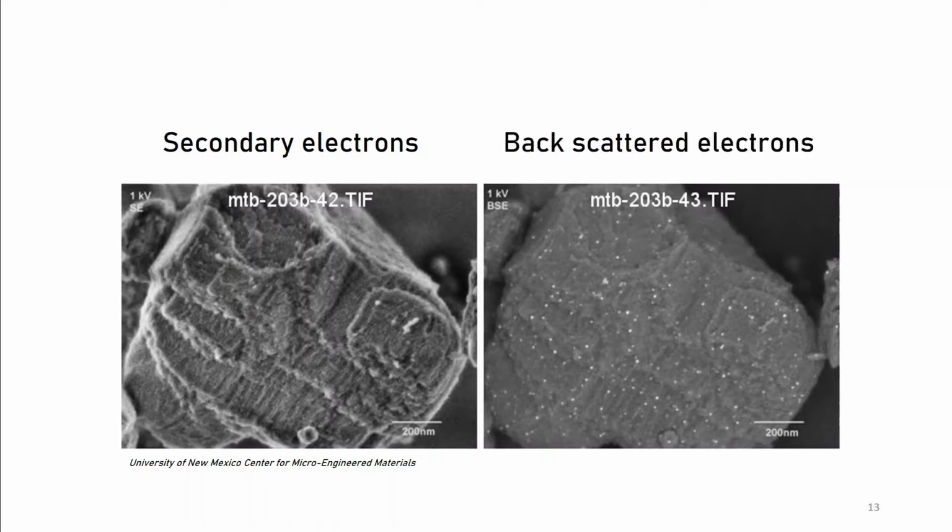Of course, it's a BSE image. Instead, you see these bright dots which you can't see in the SE image. It looks like our sample contains atoms with lower atomic number compared to the surrounding matrix.